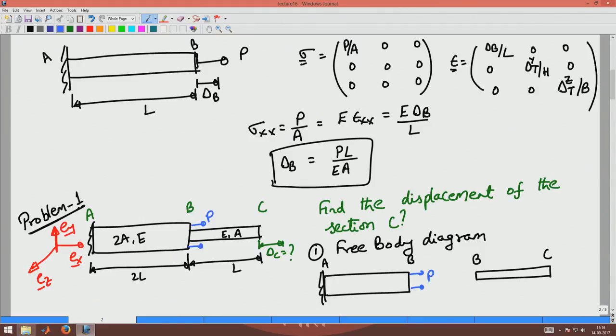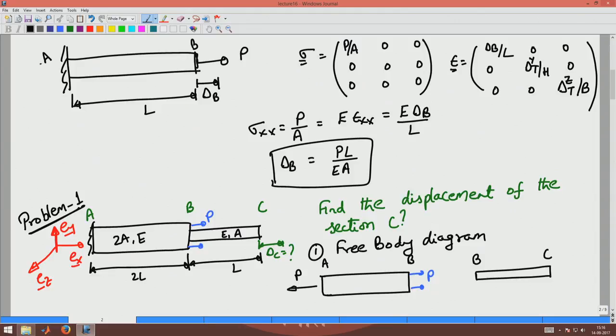So, what will happen is, if I were to remove this support, that support is going to prevent A from displacing, and it will offer a reaction force P there.